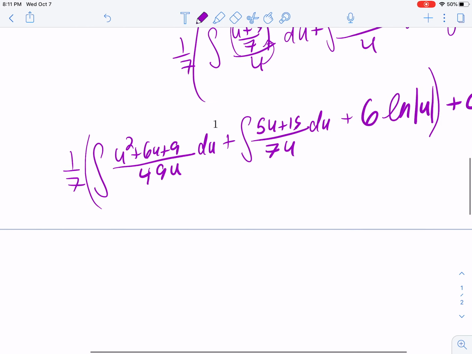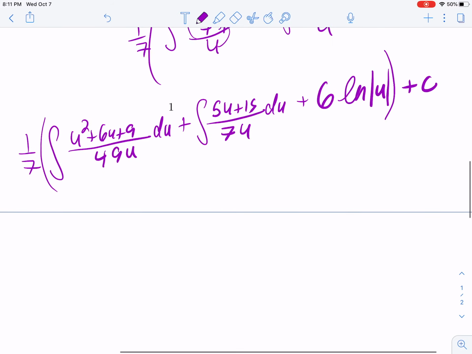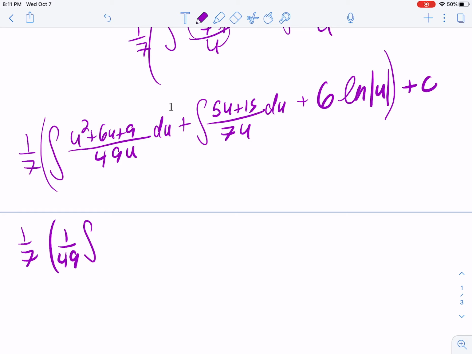All right, so for each of these, I got that 1 over 7 out in front. I can pull from this guy that 49 out in the denominator, 1 over 49. And I can split this up into 3: u squared over u du, plus the integral of 6u over u du, plus the integral of 9 over u du.